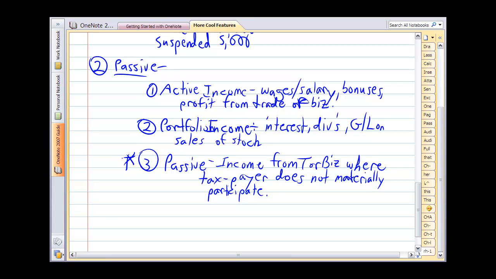So if you're not there firsthand, and you're basically the owner but not there from day to day, then you're not going to be able to ensure that there's as much of a profit.